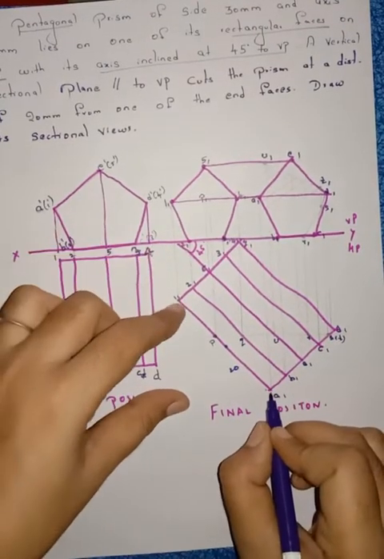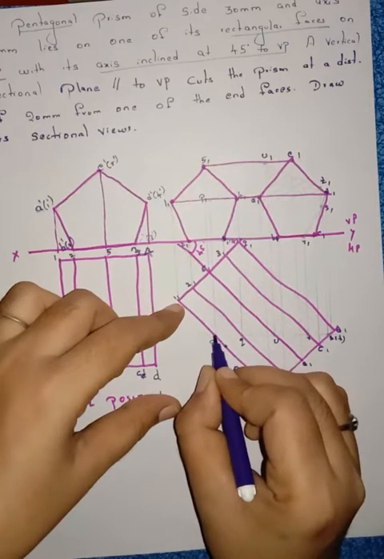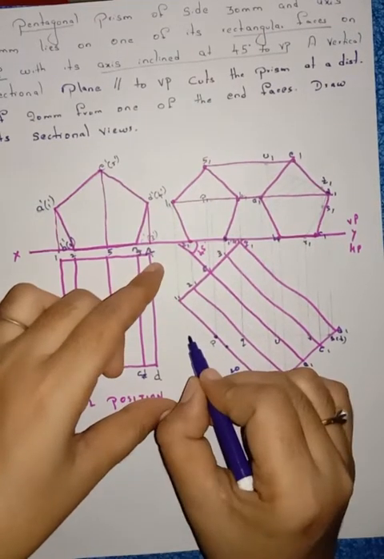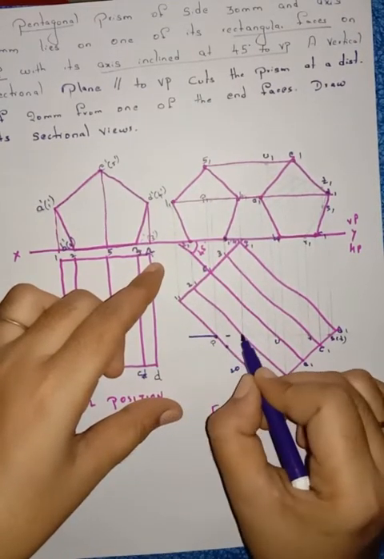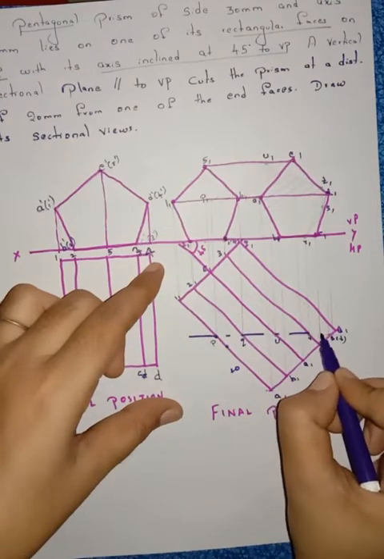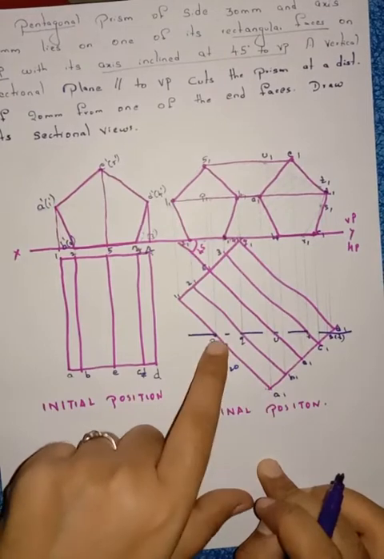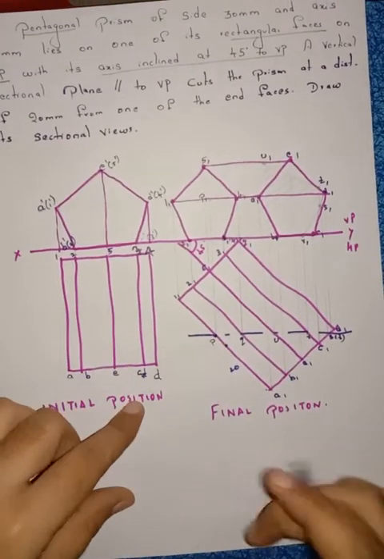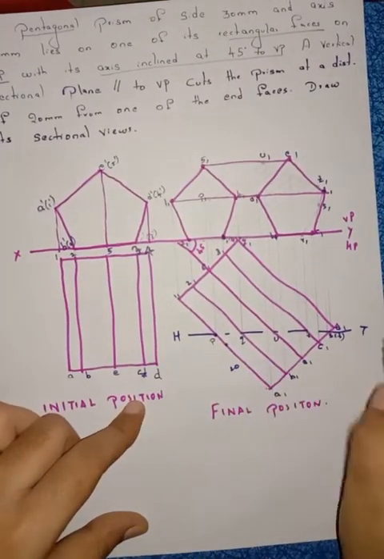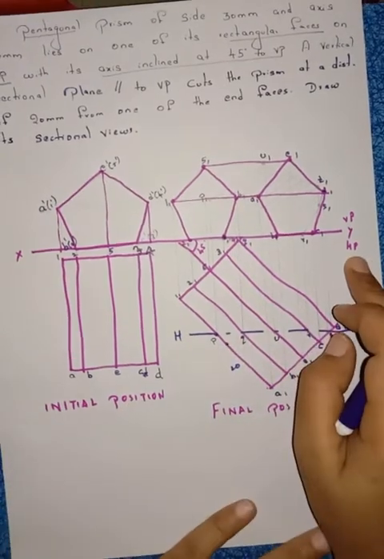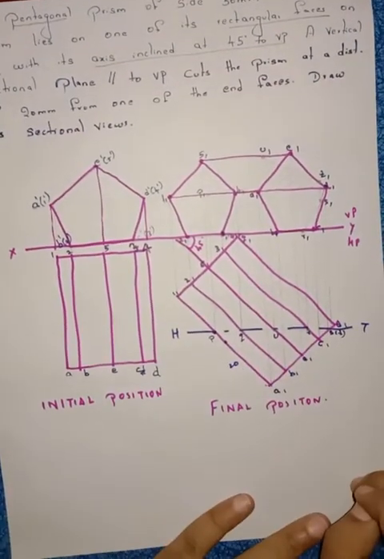I am considering this end face. I am marking 20 mm distance. Now from this point I am drawing a sectional plane. Sectional plane is parallel to VP, 20 mm distance from one of the end faces. Name it as HT. I am drawing the sectional plane in the horizontal plane, so I am naming it as horizontal trace.